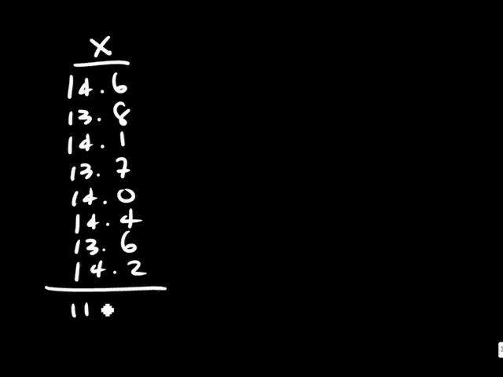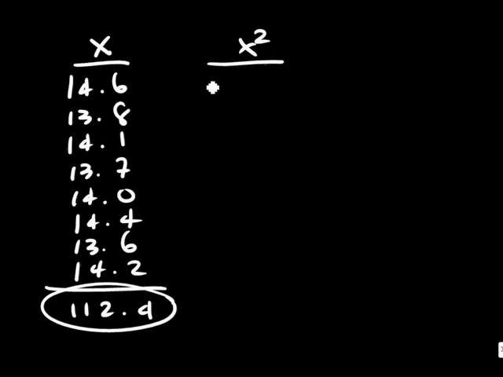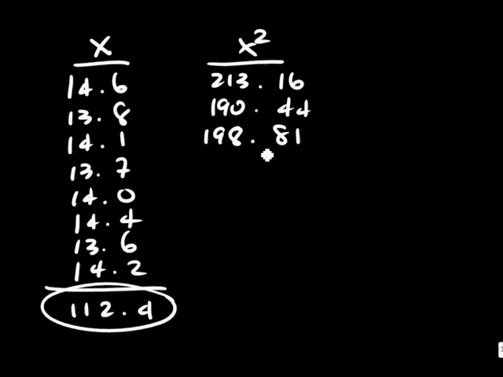Square the data. Each one of these data values needs to be squared. We'll get a 213.16 if we square 14.6. We get a 190.44 if I square 13.8. 198.81, 187.69, 196, 207.36 by squaring 14.4.